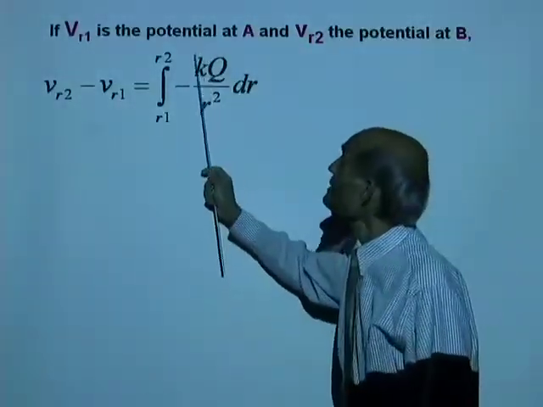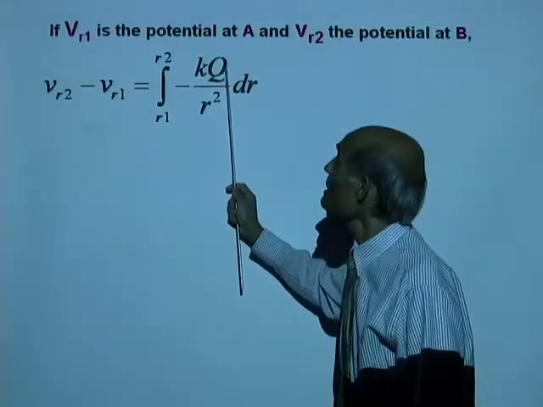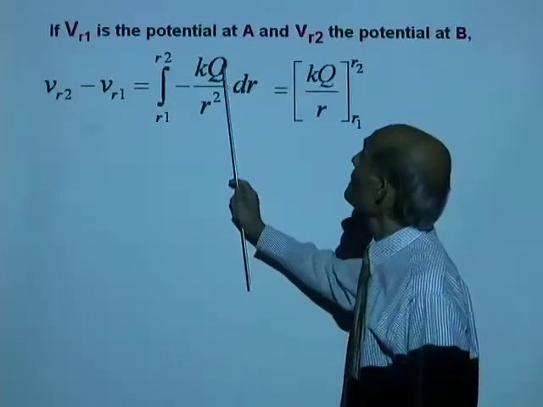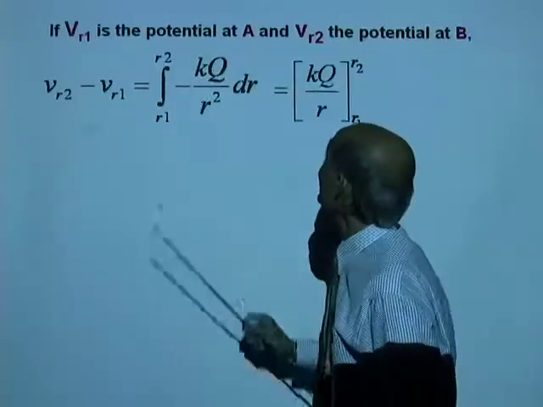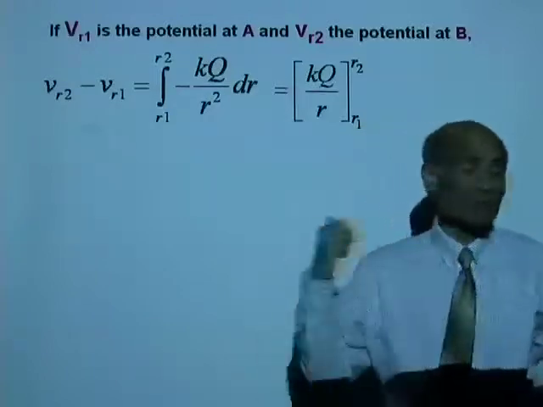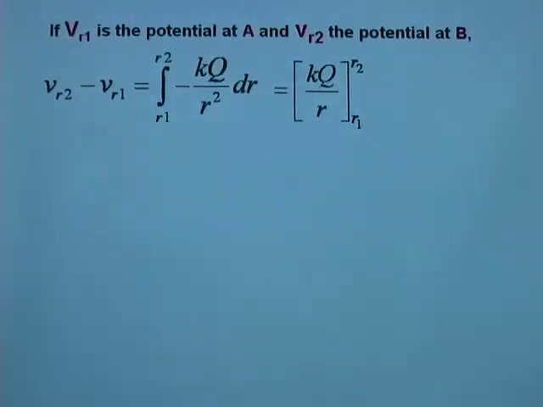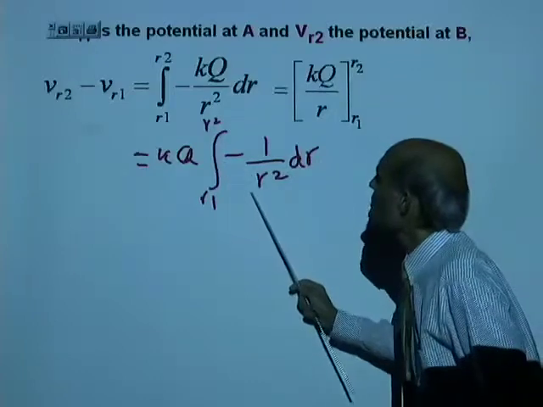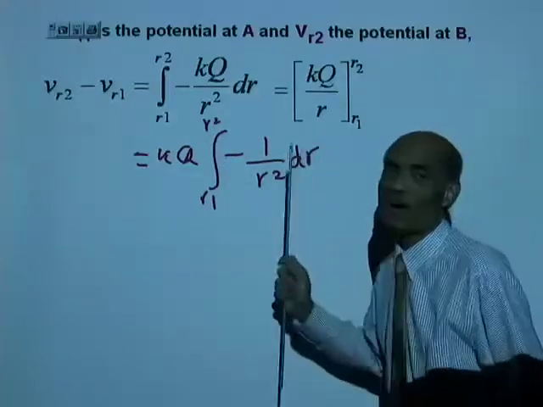Now k is a constant, is that right? And q is a constant, so we can take them out. Let me write that step for you. That will be equal to kq times the integral from r1 to r2 of negative 1 over r squared dr. Now, what is the integral of negative 1 over r squared dr?